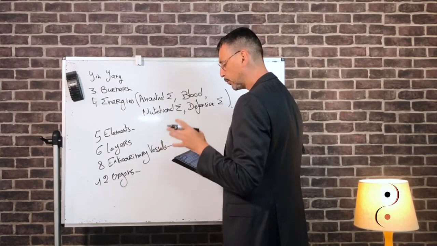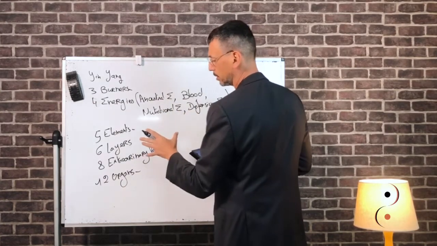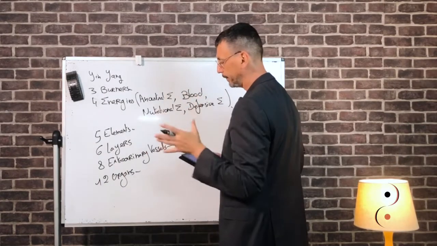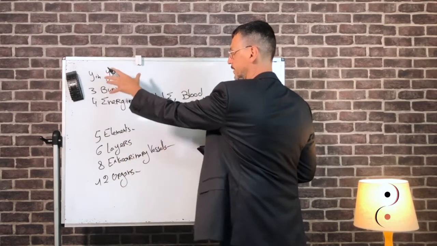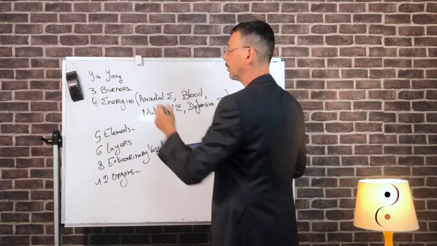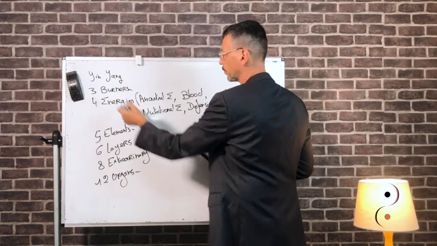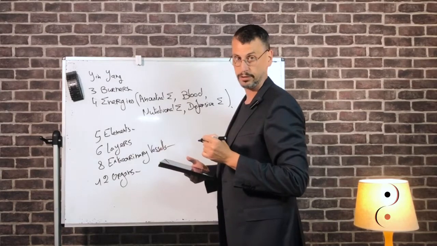Why? Because before thinking about the state of the organs, you must understand the general state of the patient. You must understand how is the yin-yang, the 3 burners, the 4 energies, the 5 elements, the 6 layers, the 8 extraordinary vessels.